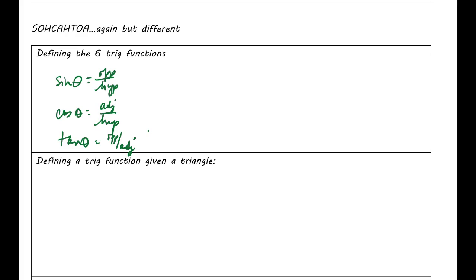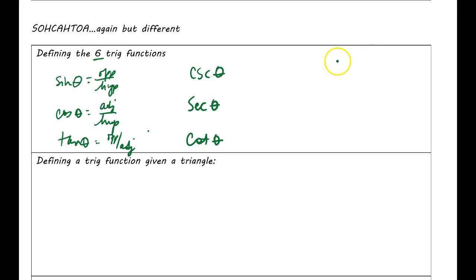I'm about to show you how we're going to use them with what we just talked about, but before I do that, this says defining the 6 trig functions. I've only shown you 3: sine, cosine, and tangent. That's all you learned in geometry. Now that you're in precalc, you're going to learn 3 more. The 3 others are cosecant, secant, and cotangent.